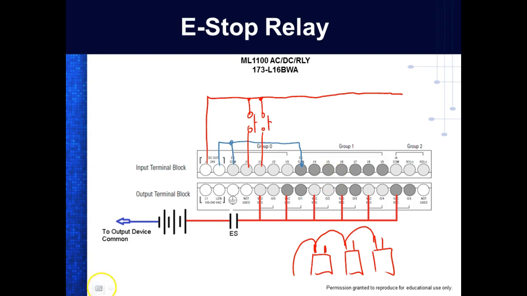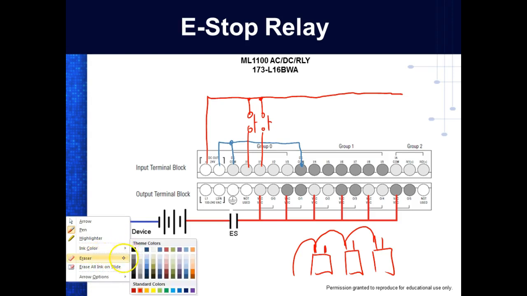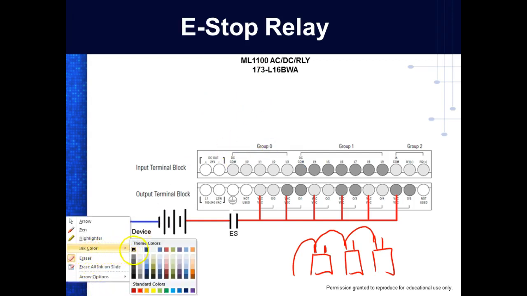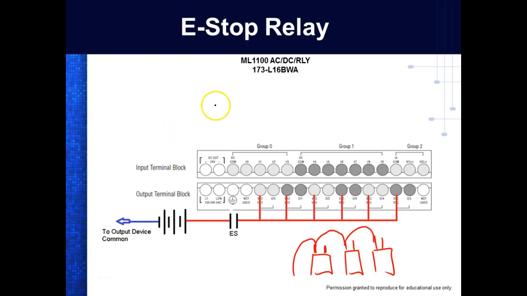Now, if we're running high-powered sensors, which is what we usually do, then we would have an external power supply. I wouldn't use the internal power supply, even though I could. I'd have another external DC power supply out here somewhere. And we'll draw it like this. And then, of course, this would connect to my commons, right? You understand?